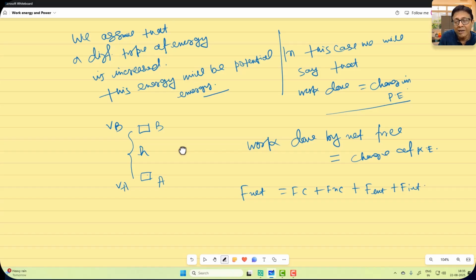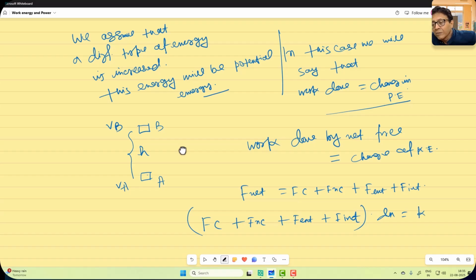Then we have to write Fc plus Fnc plus F external plus F internal, into dx, equal to the change of K, that is KE at B minus KE at A.